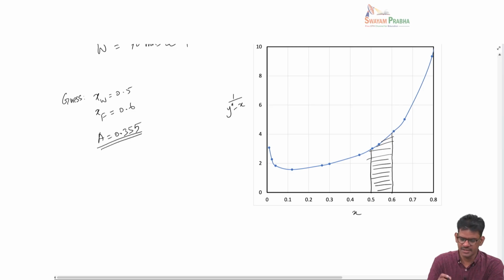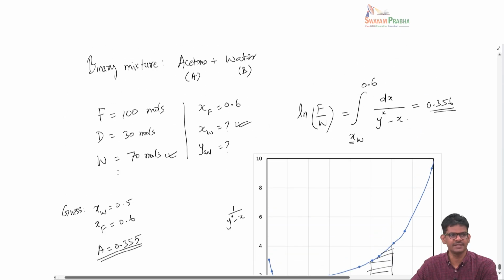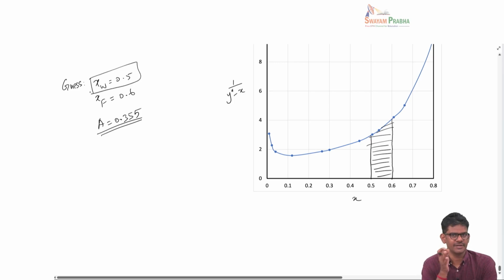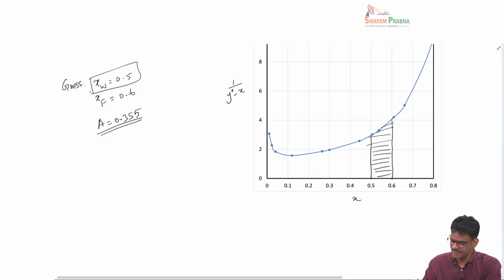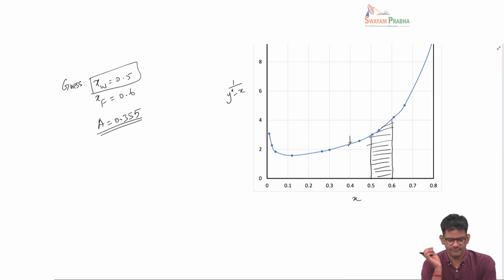And since this area is similar to what I was looking for, which is 0.356, XW is 0.5. So this is a trial and error method. Okay, you have to try different values. For example, I might have started with XW of 0.4 and the area would have been larger than what I wanted, so I could have decreased it and then converged to XW of 0.5.